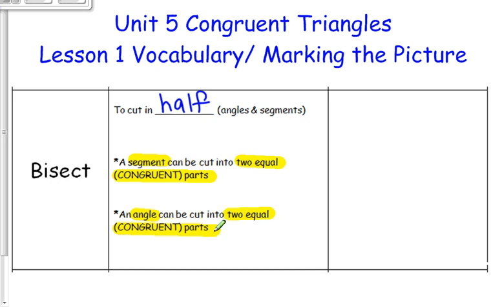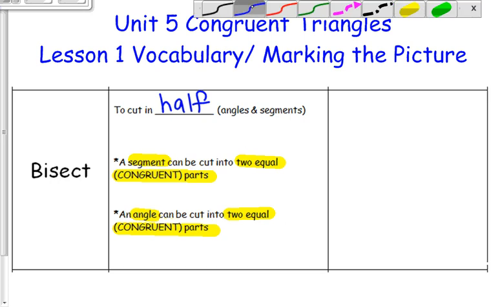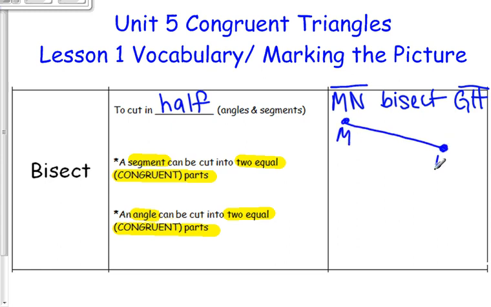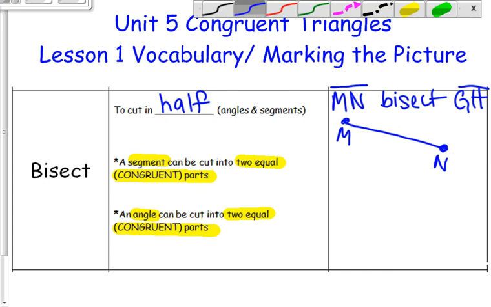So they might say something like MN bisects GH. Okay, so that means we have a line MN and it is bisecting line GH.